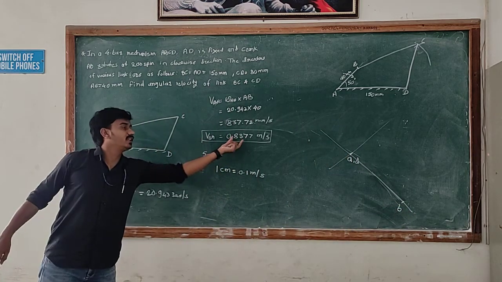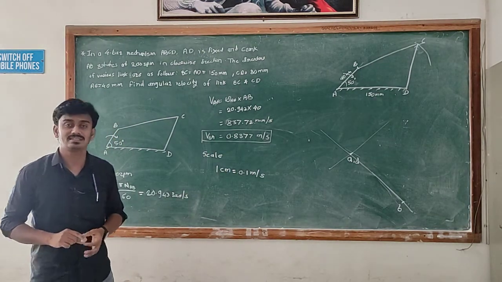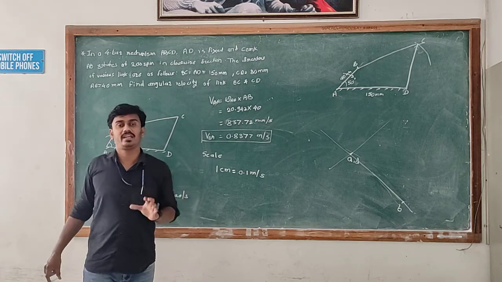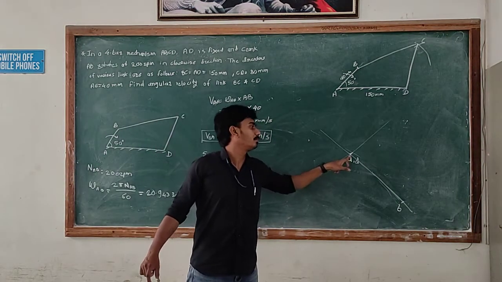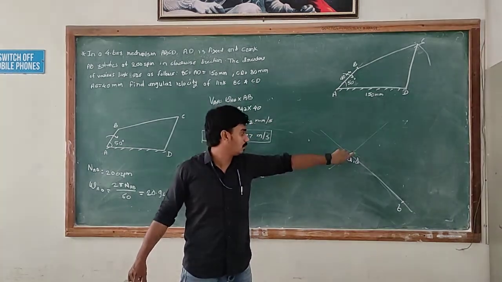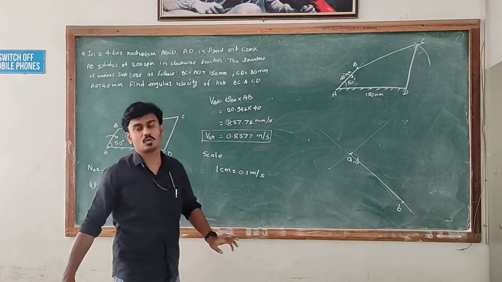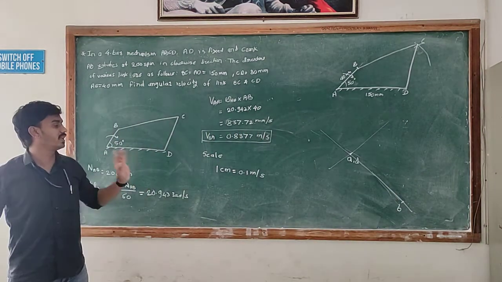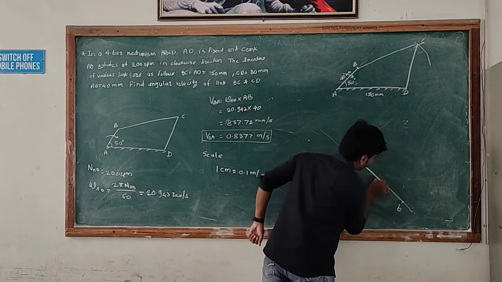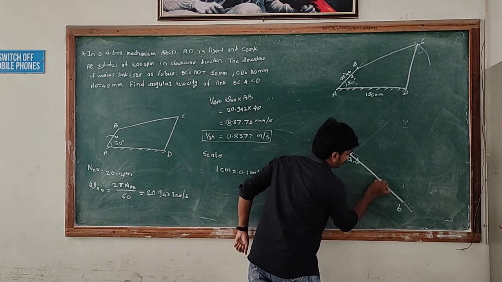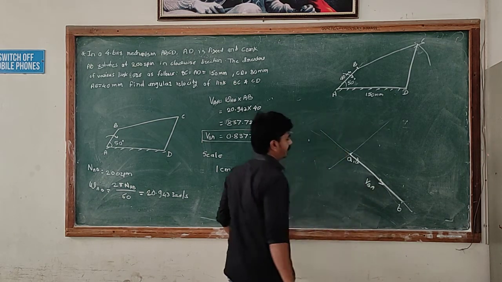We convert this by using this scale, so it becomes 8.4 centimeter. Keep its metal pointer at point A, mark the point B, and then make this visible like that. This is the velocity vector, or the velocity of the point B with respect to A.